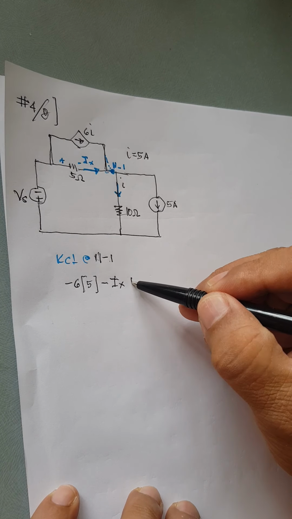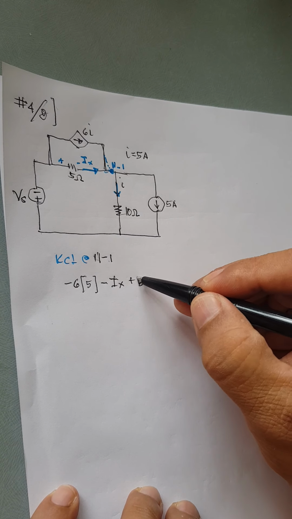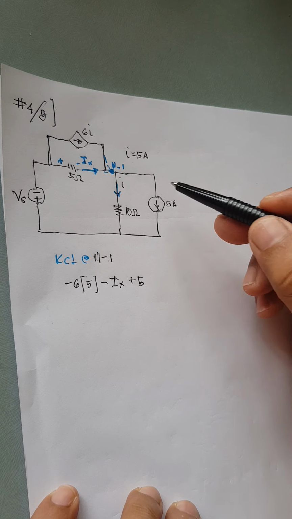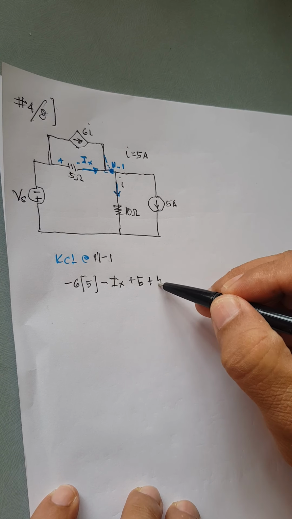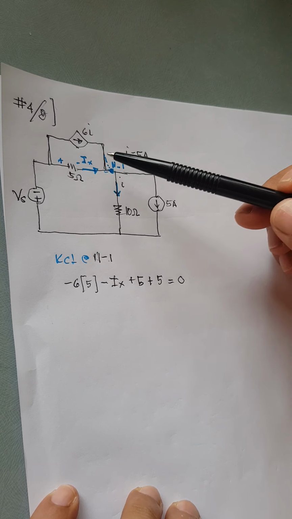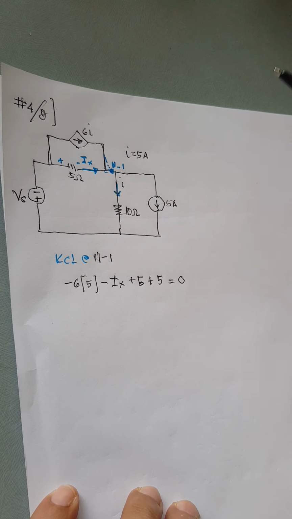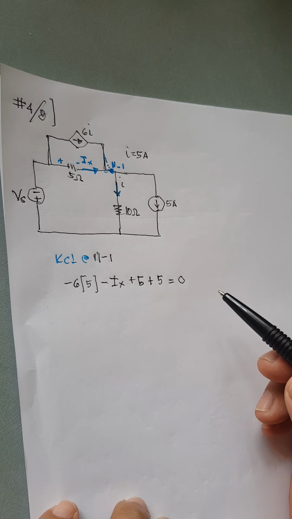And then plus I. But I is already 5. So let us put 5. And then this current is going away from the node. So this is also 5. Equals 0. So how many currents do we have? 1, 2, 3, and 4, going towards and from the node.